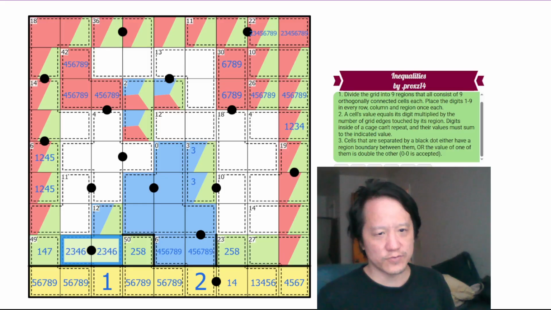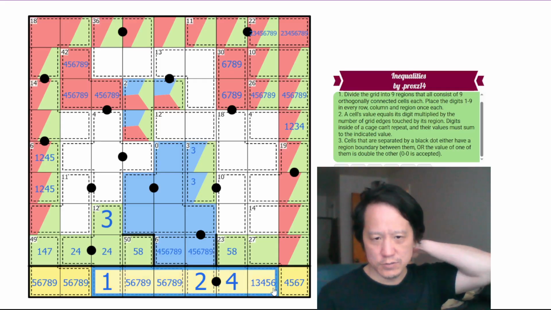That doesn't seem to work very well. What happens if it's 2, 4? That equals 6 plus 3, which makes this a 3 here. So we'd have to be 3 there. This is 2, 4. Again, no 2, no 1 here. This is 4. I think it's a contradiction.